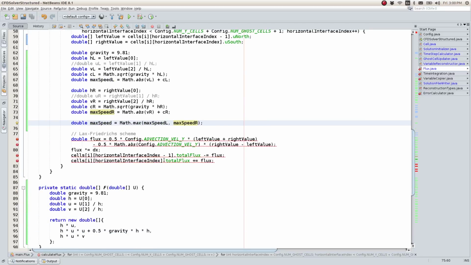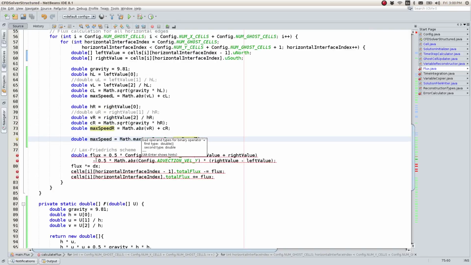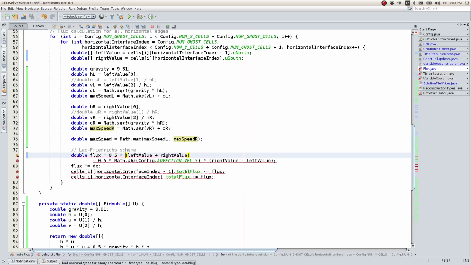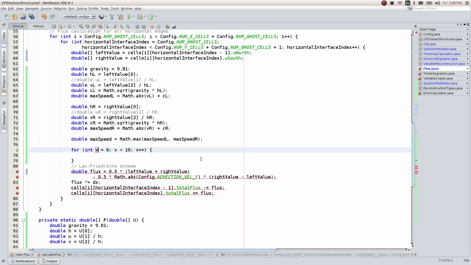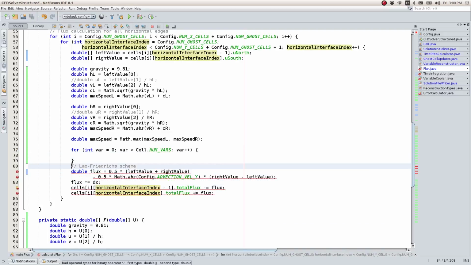Looks okay. And the flux is going to be same as that. So here it will be 0.5 times. Yeah, this has to now go inside a for loop, number of variables, and I don't know, I will put this on top.